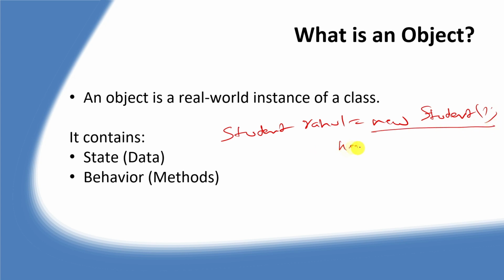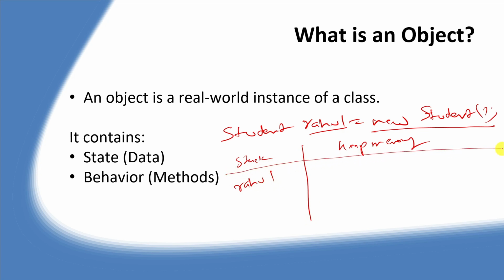It is sitting in the heap memory, and this Rahul is a reference variable. It is sitting in the stack memory. Stack and heap, and one more, the method area. Here we will have the student dot class file.